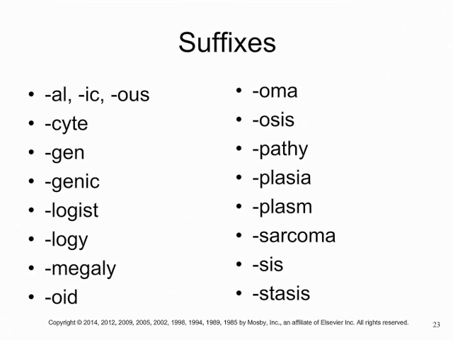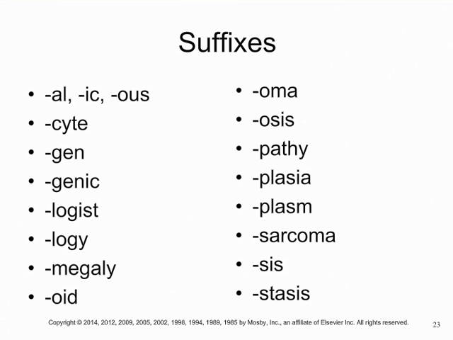We're going to see a lot of suffixes that look very similar to plasia, so make sure you get the spelling down now. And oftentimes this is paired with prefixes like hyper and hypo when you're talking about too much development or too little development. Plasm means a substance, so if you think of cytoplasm, that's the substance in the cell.